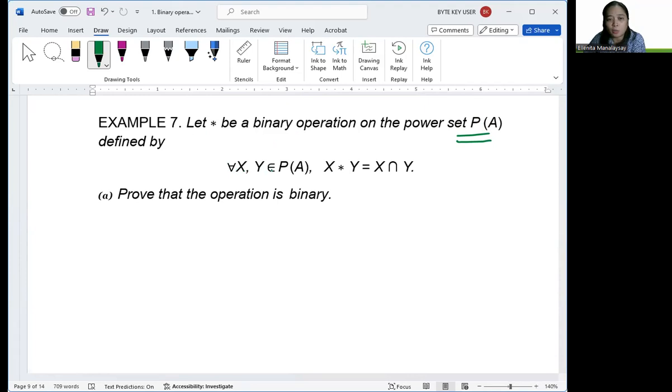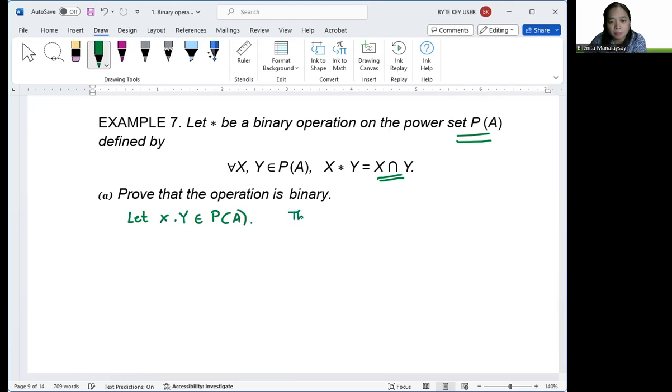For all X and Y in the power set of A, X star Y is equal to X intersection Y. Okay, we have to prove that this operation is binary. Okay. So we will let X and Y be in the power set of A.